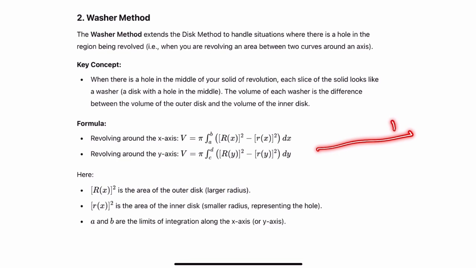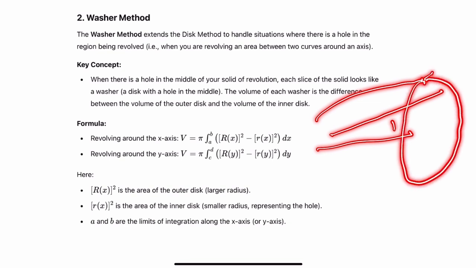So imagine we have a curve like this, and another curve like this. So we have a revolution between two curves. This one will rotate around the x-axis, and this one also will rotate around the x-axis, which will form some washers.